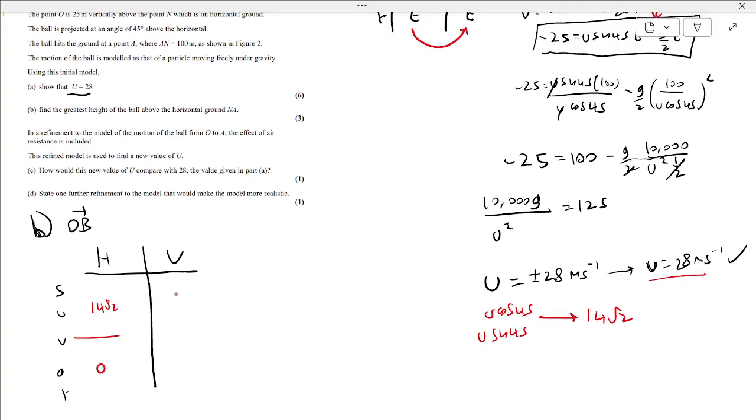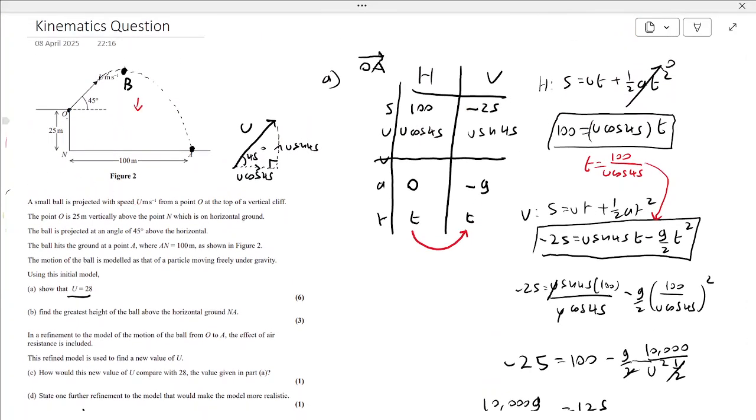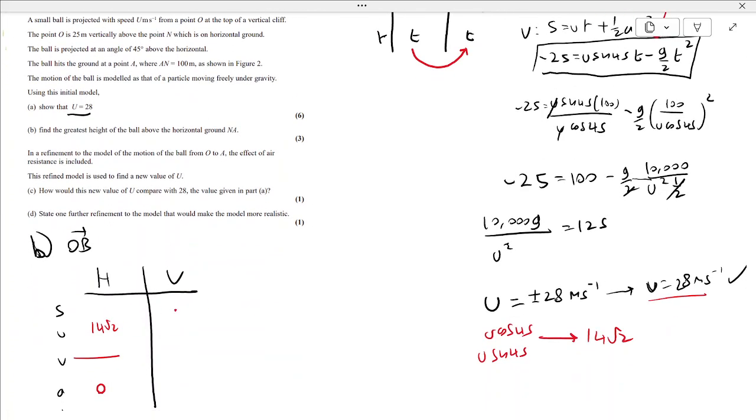Not a lot here, let's go vertically. Vertically, from O to B, the displacement s is what I want, isn't it? That's going to be how much extra height I gain between O and B. So I'll put my question mark here, this is what I want. u, like I said, is u sine 45, which is still just 14 root 2. v, now v I actually do know.